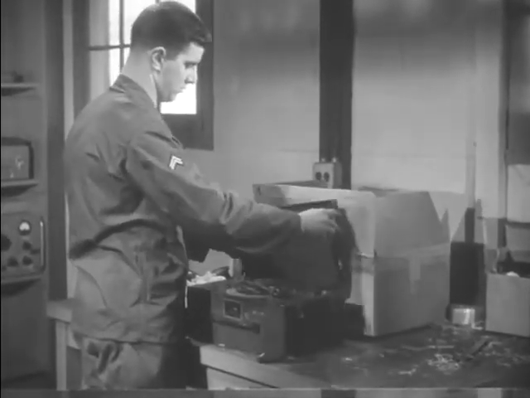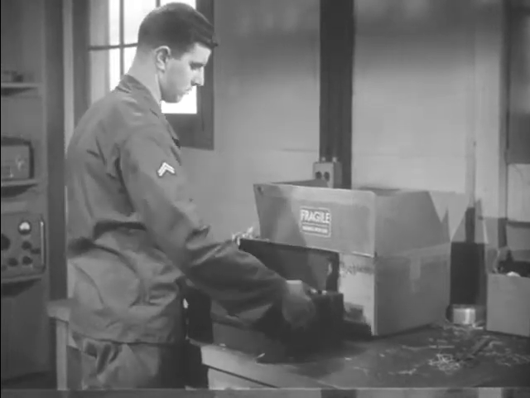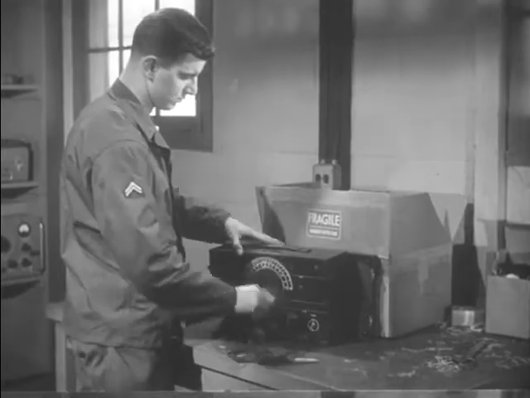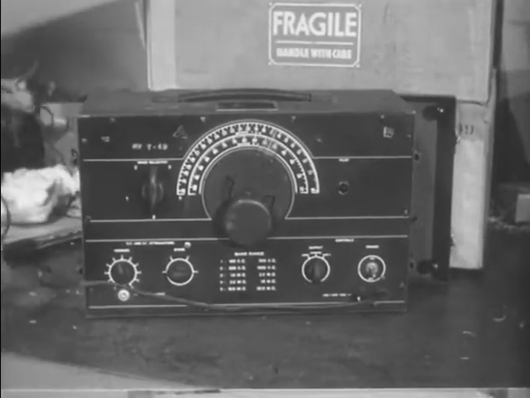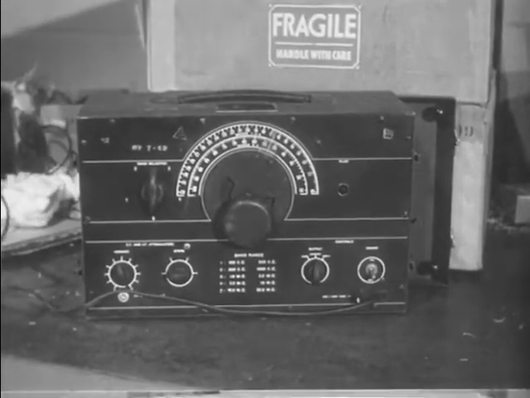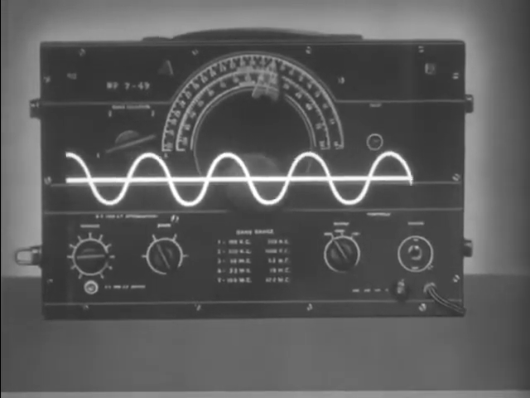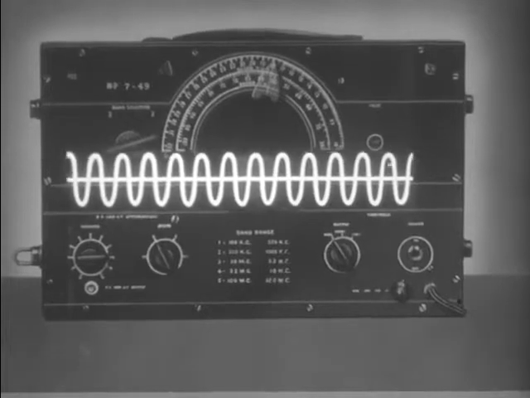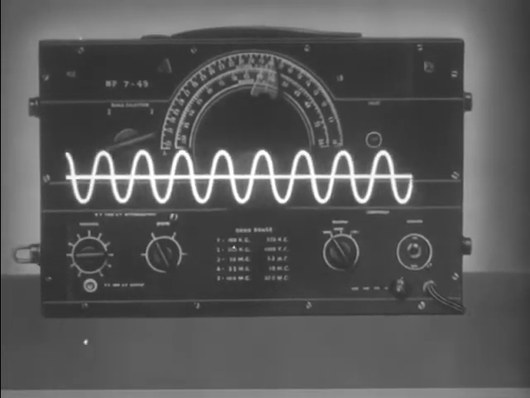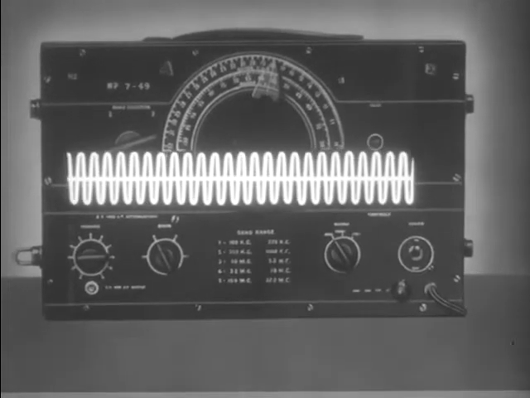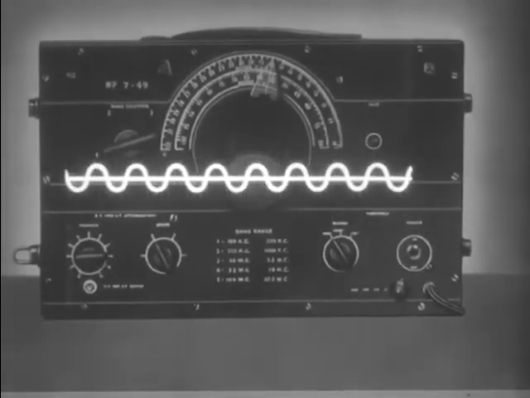Remember, these are fine precision instruments. Dropped or mishandled, their immediate value is at an end. And now, what's most important to remember about the signal generator? It is a miniature transmitting set used to transmit signals of various frequencies at different levels of power for the purpose of testing and aligning electronic equipment.